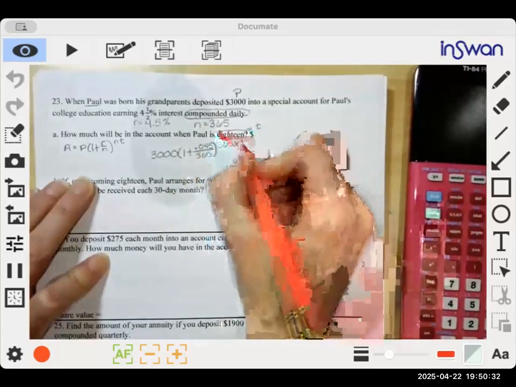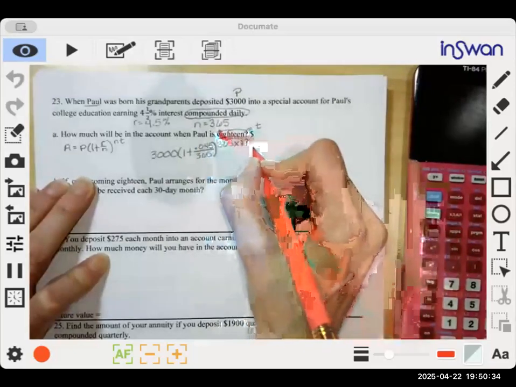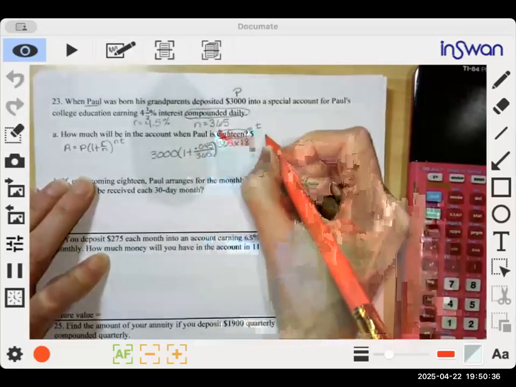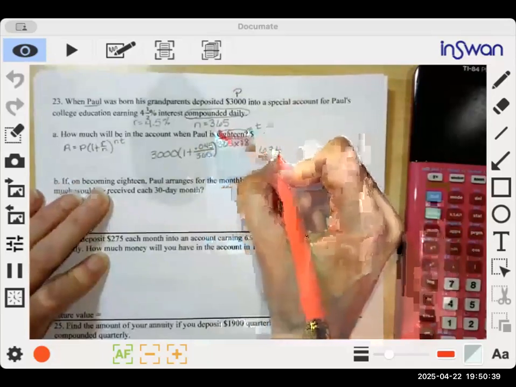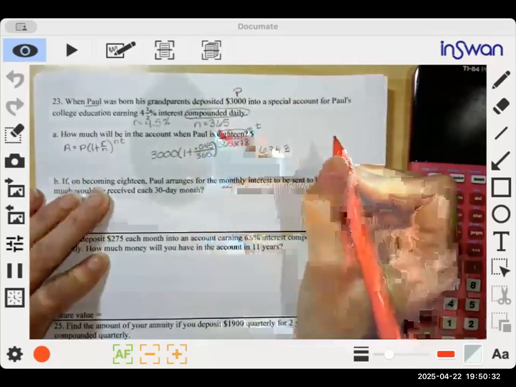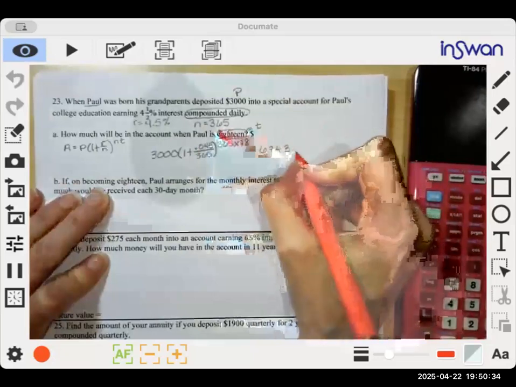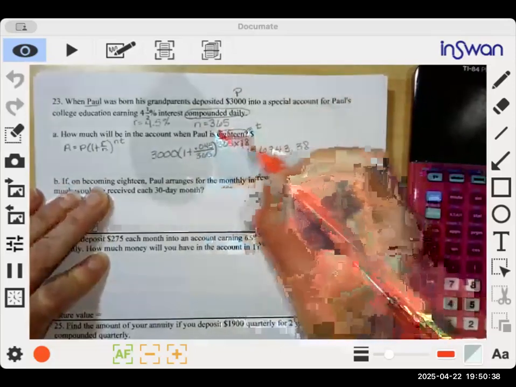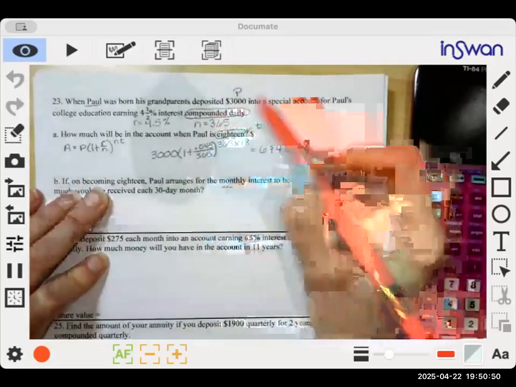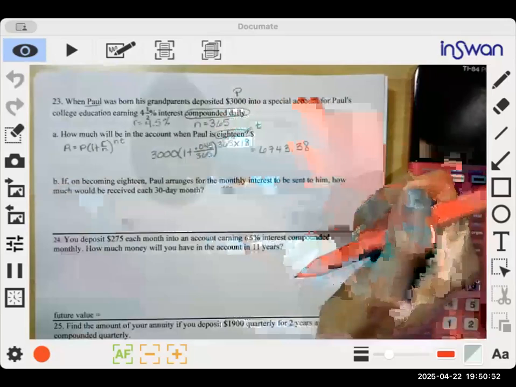That's our T. So plugging that in, we'll get 6743. This isn't a very good deal. 18 years and it only got $3,000.